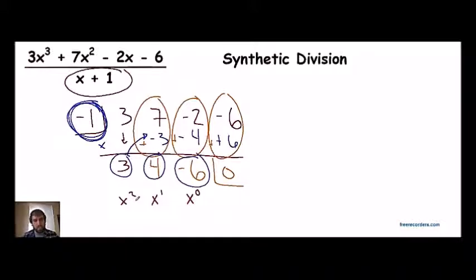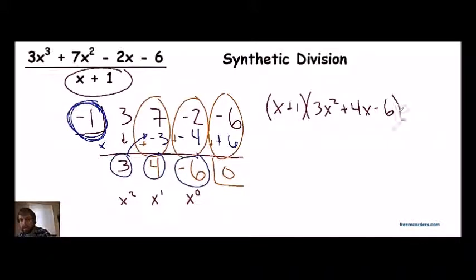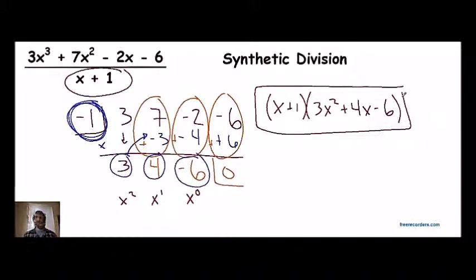So what that allows us to see is, again, I have this x plus 1, and then I factored that out, and our remainder here is now 3x squared plus 4x minus 6, because x to the 0 power is just 1, so that's why we don't see it. So again, we get that exact same value with a remainder of 0, so it factors out perfectly.